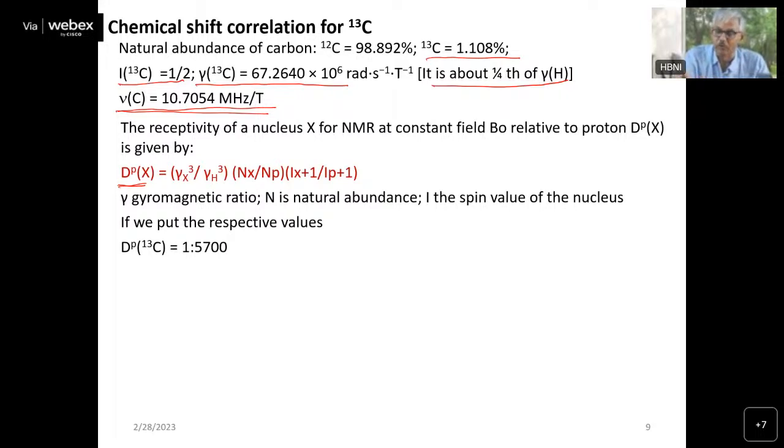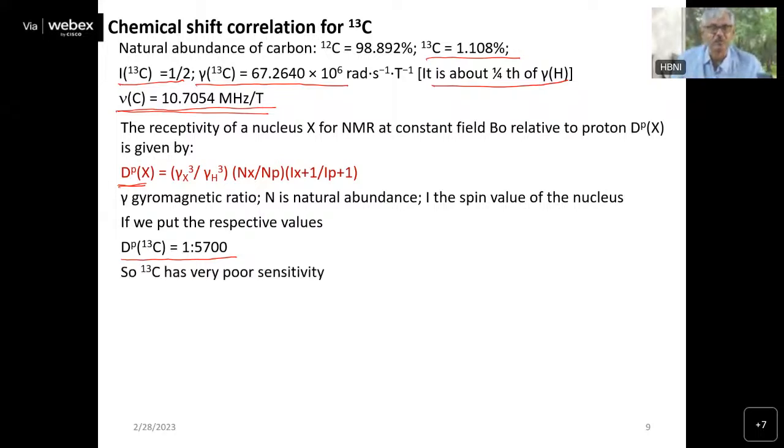For carbon it will be 1.108, whereas the natural abundance of hydrogen is more than 99%. If you put all those numbers, you will see the relative receptivity of carbon-13 is 1:5700. That means whatever spectrum you get for proton by just one scan, you require 5,700 scans to get the same signal to noise ratio. We'll come to this later on.